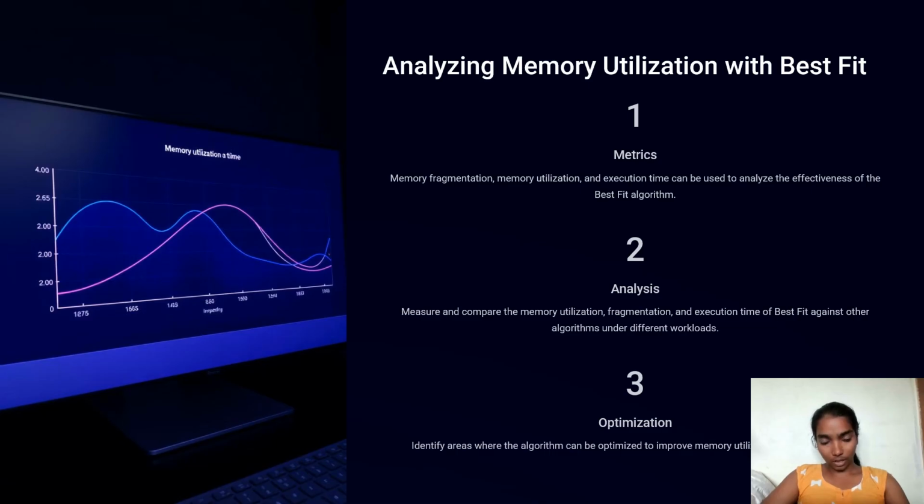The third one is analysis. Measure and compare memory utilization, fragmentation, and execution time of best fit against other algorithms under different workloads. And the last one is optimization. Identify areas where the algorithm can be optimized to improve memory utilization.